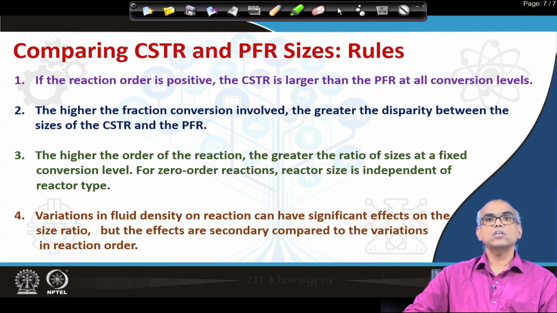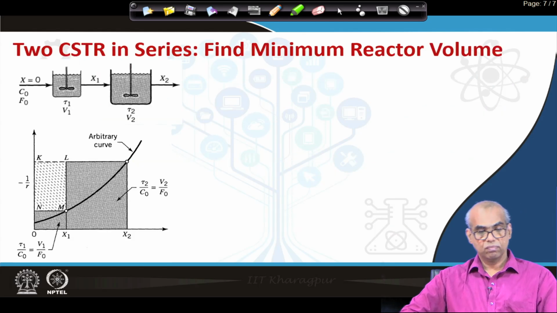So, the changes in reaction order have a much stronger effect than the variations in fluid density. So, these are the rules which we should remember while comparing CSTR and PFR sizes.